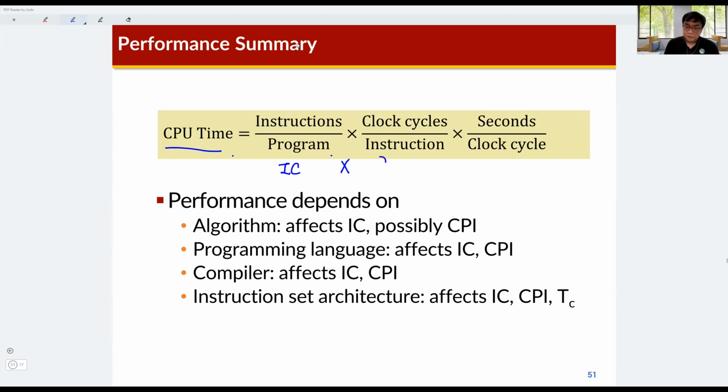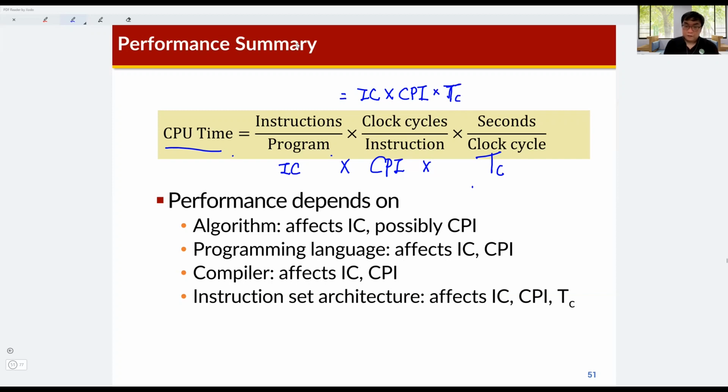That is the CPI, and then multiplied by seconds per clock cycle. That is the clock period, the clock cycle time. We frequently use TC for the clock period. So IC multiplied by CPI multiplied by TC is the equation of the CPU time.